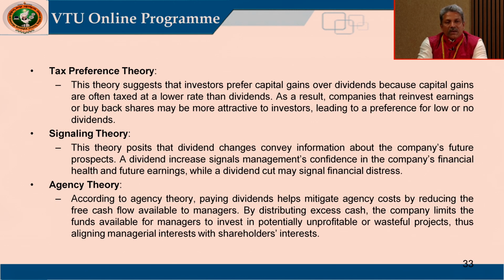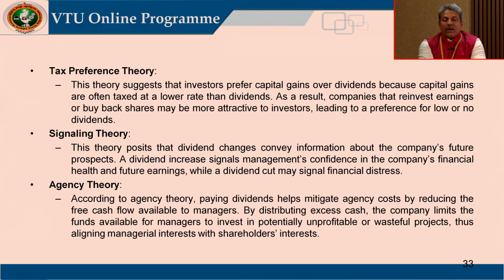But if there is an increase in payment of dividend year by year, it shows a signal that the company is confident, profitable, financially healthy, and also expecting good returns in the future.